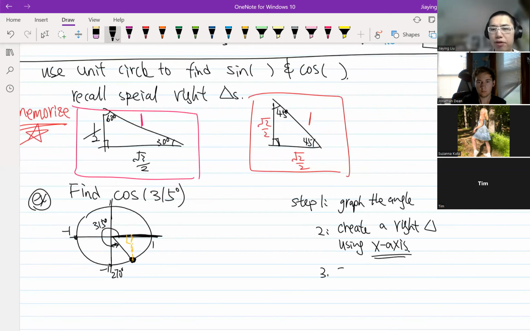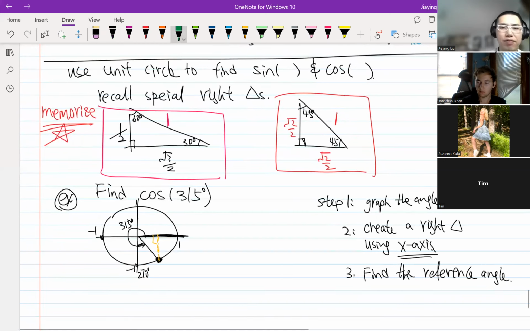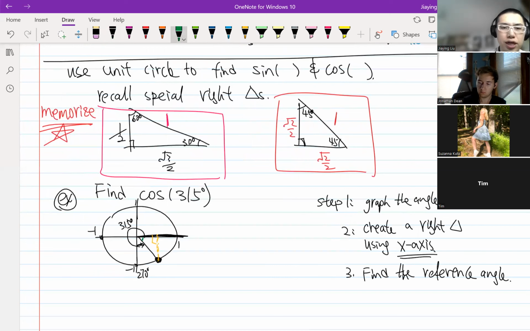Step 3, find the reference angle. If you recall, the reference angle is the angle between the terminal side and the x-axis. Again, we always use the x-axis here. So that's going to be between, this is 315, that's 330.